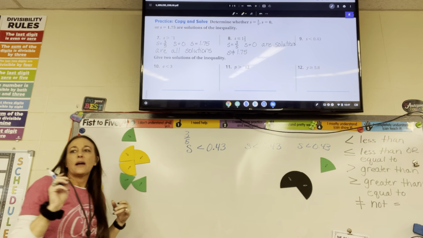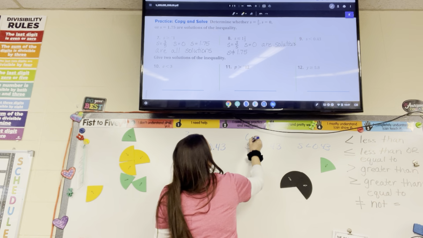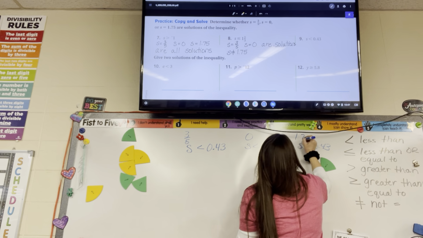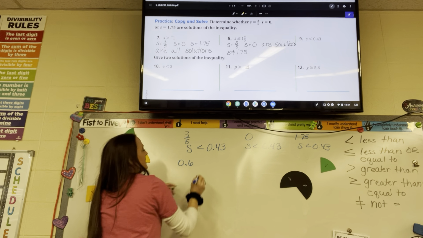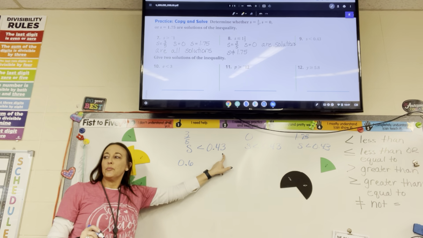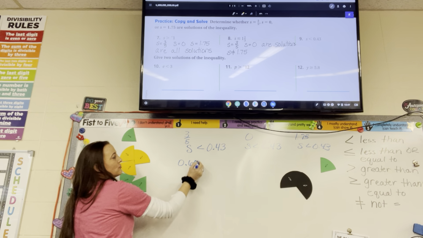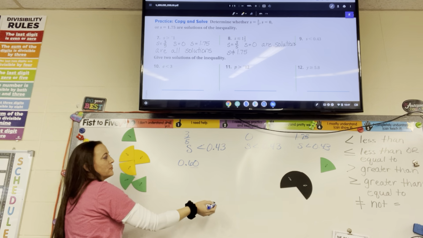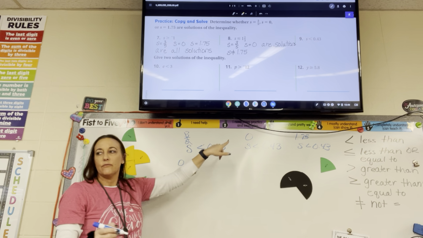Go ahead and on your calculator do 3 divided by 5. 0.6. Since this has 2 decimal places, I need to add a second one. Is 60/100 less than 43/100? No. 60 is not less than 43.